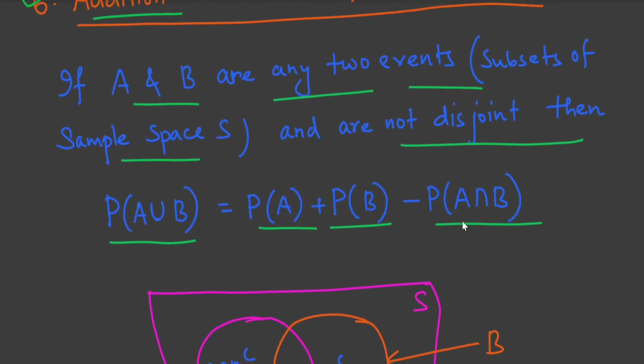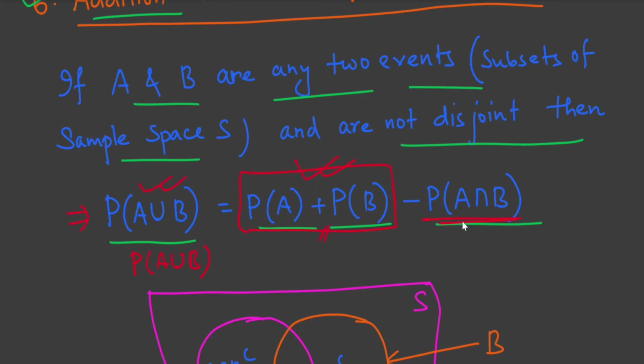From this result we get an inequality. Probability of A union B: since we subtract probability of A intersection B, which is a non-negative quantity, the quantity from which we subtract must be greater than the result.